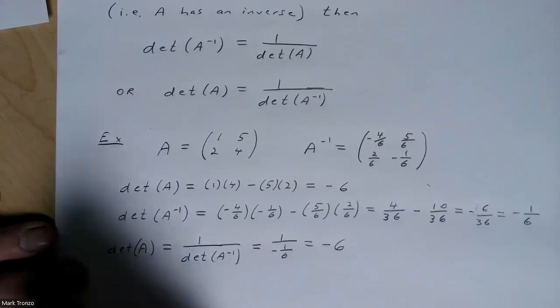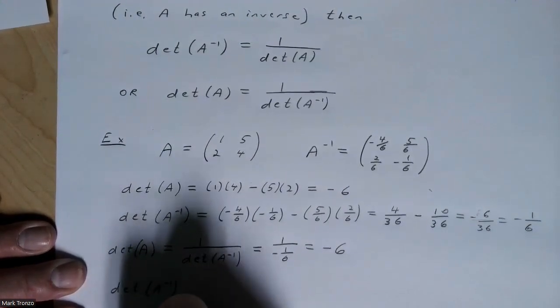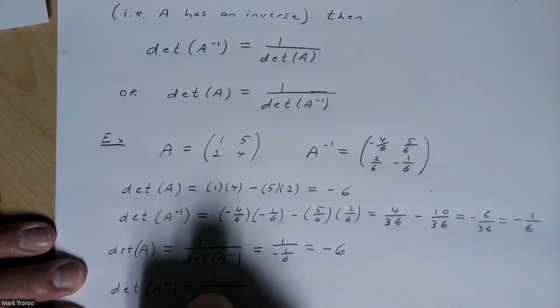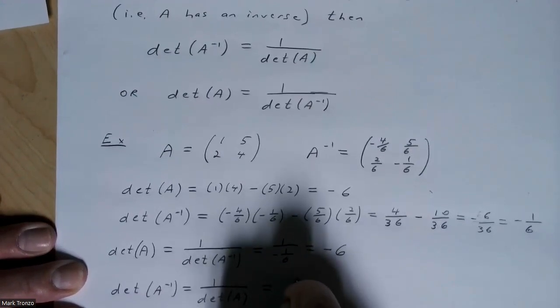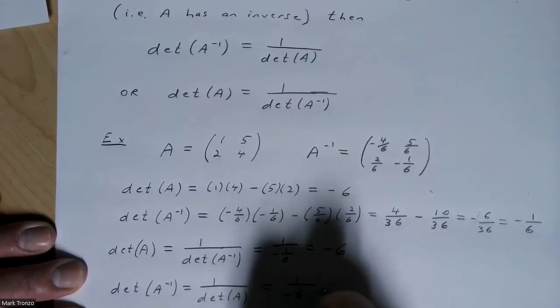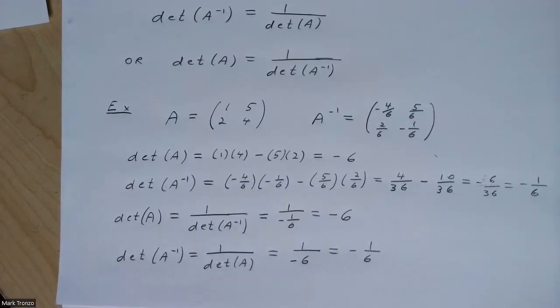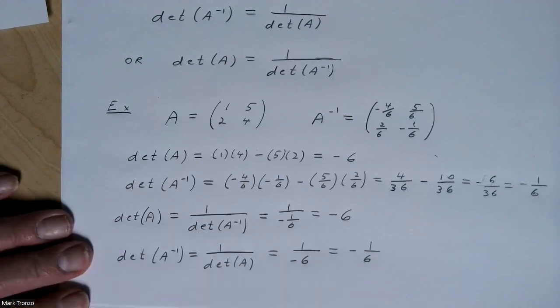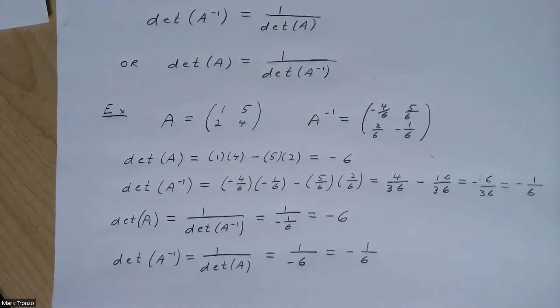Or if you did it the other way, if you had the determinant of A, you get that. So the determinants of A and A inverse are reciprocals of each other, basically. Again, it's a very important property that you'll use very often.